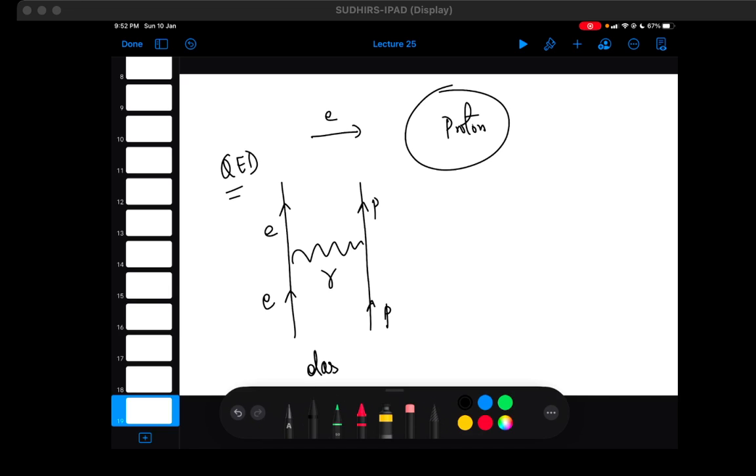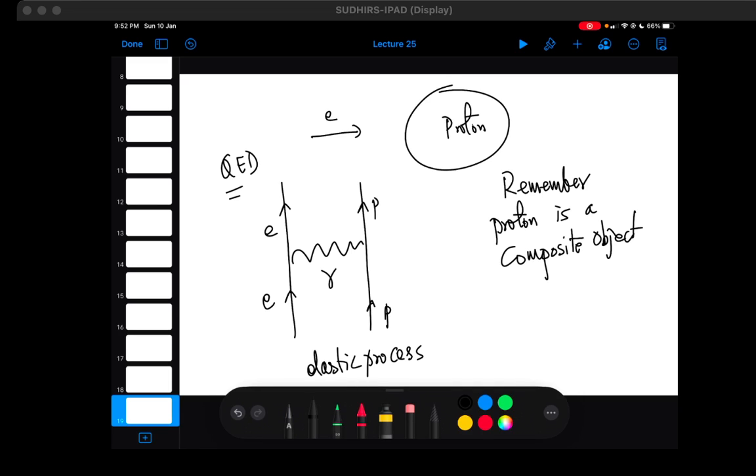What you expect to see is the internal structure of the proton, because remember the proton is a composite object. So it won't see the exact coupling. The coupling is actually a bunch of things.